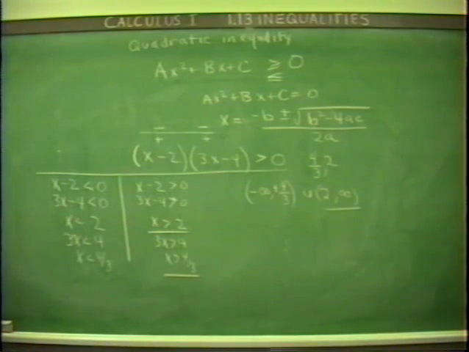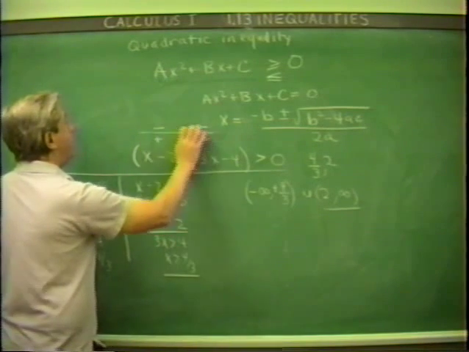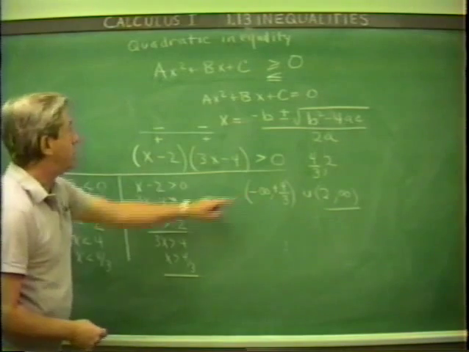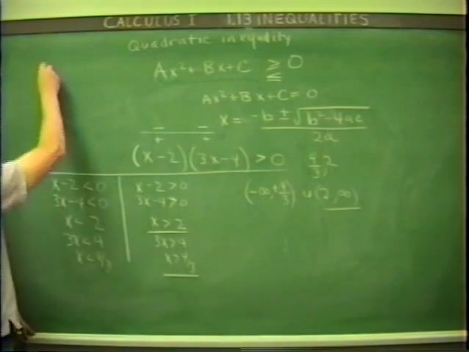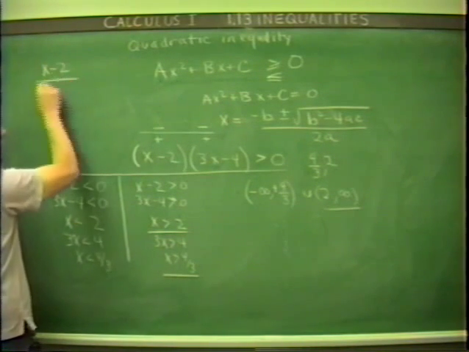This should have been 4/3 here. That's to say on the interval from minus infinity to 4/3. So by considering the two cases, one where both are positive and one where both are negative, we get the solution set here.